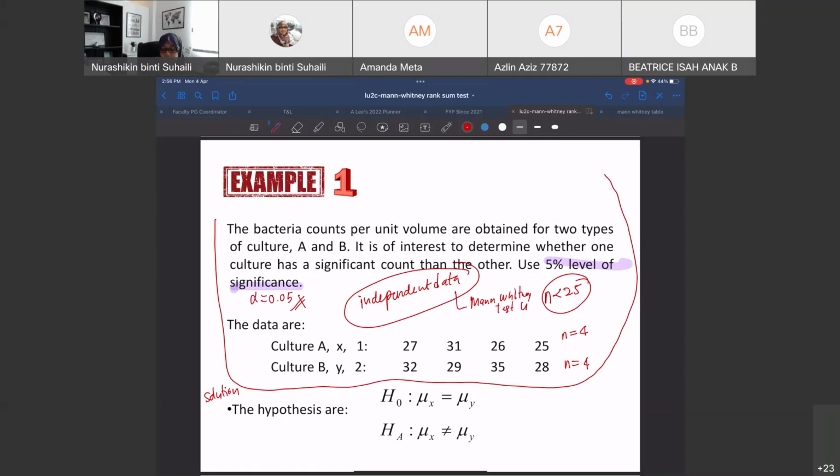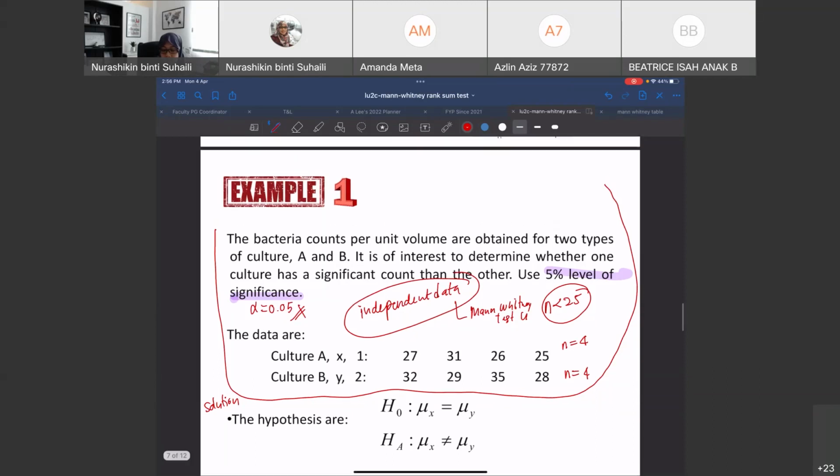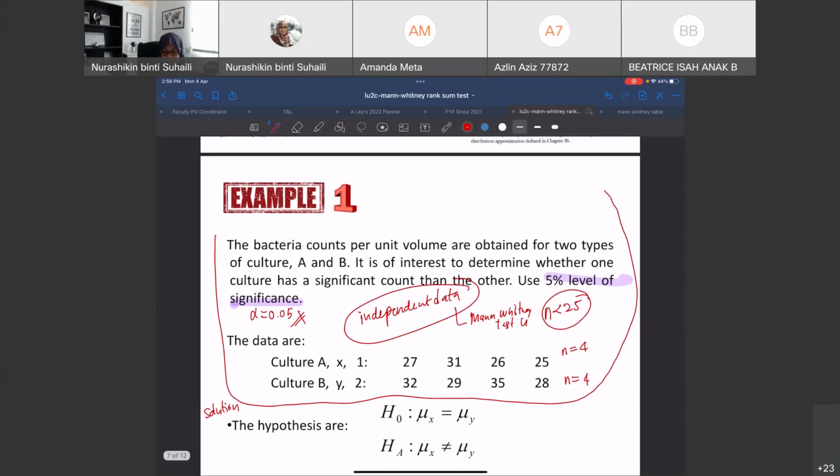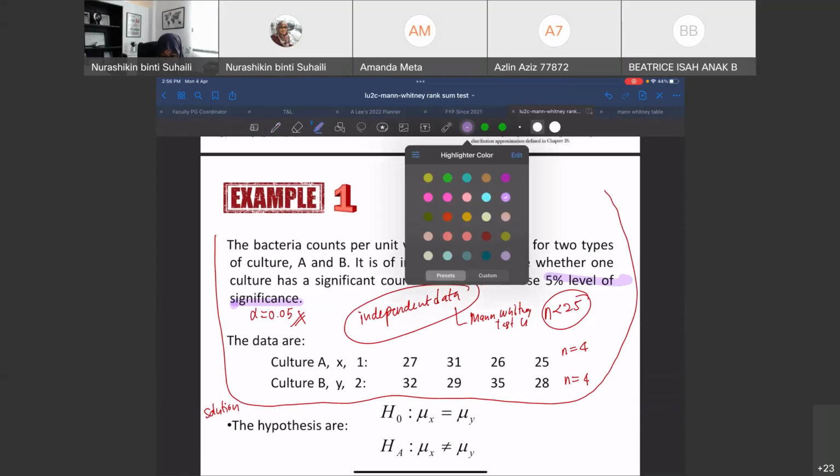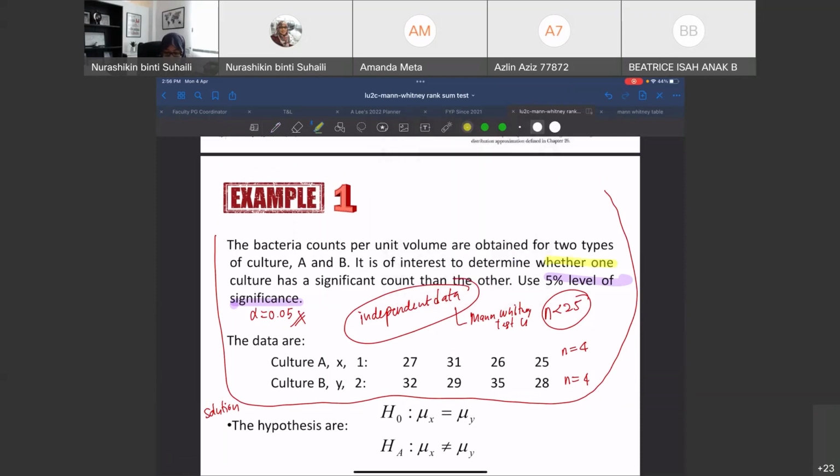Another key piece of information is this one: it is of interest to determine whether one culture has a significant count than the other. It doesn't mention higher or lower, so it's just a difference, actually. Whether there is a significant difference or not.